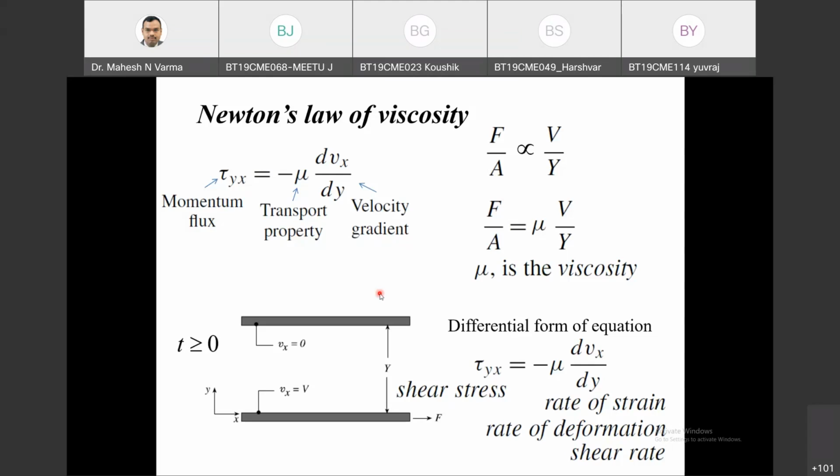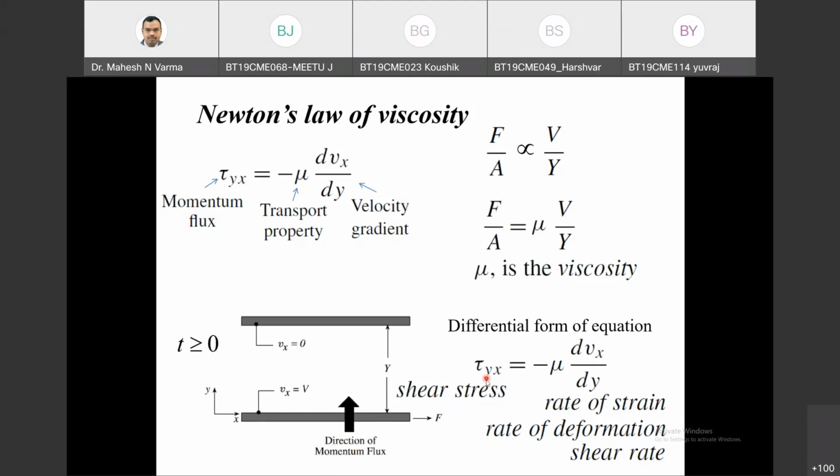So unit consistency is very, very important, and this is the direction of momentum flux. What is the direction of momentum flux? I have x momentum. Momentum is there in the x direction, but it is flowing in the y direction. This is transport of momentum. We are discussing, using Newton's law of viscosity, how x momentum flows in the y direction.